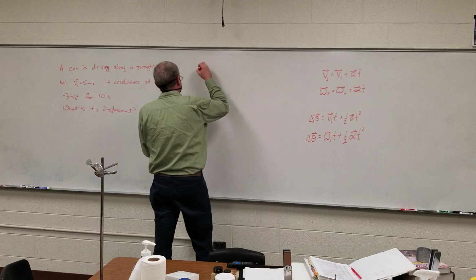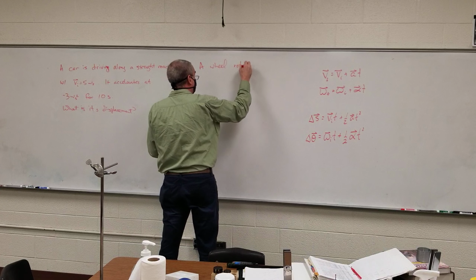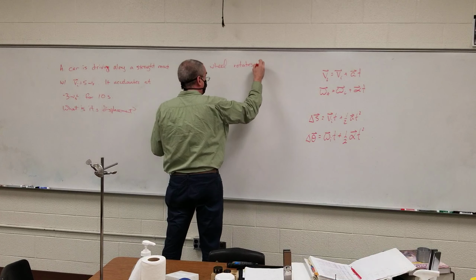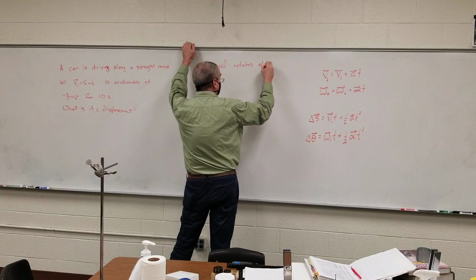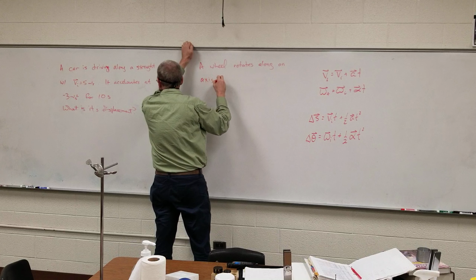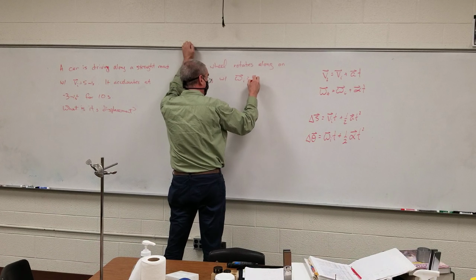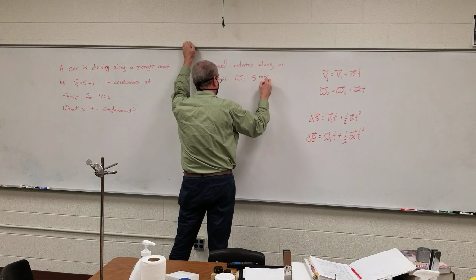The chapter 2 problem. And now a chapter 9 problem. A wheel rotates along an axis with initial angular velocity of 5 radians per second.